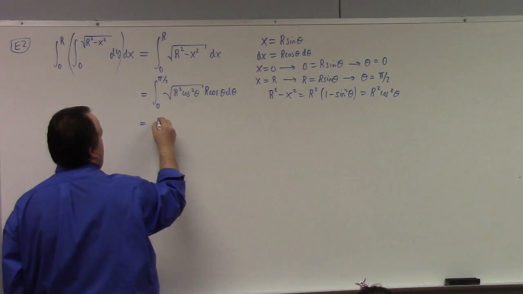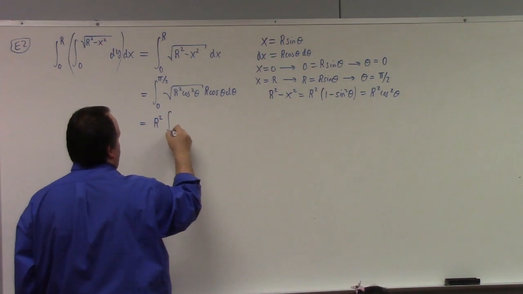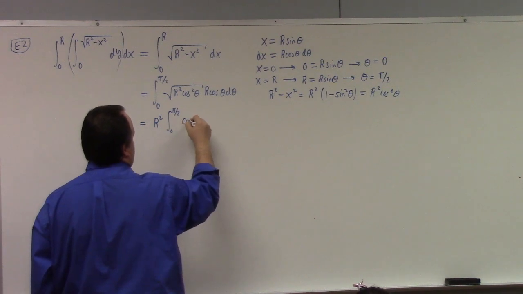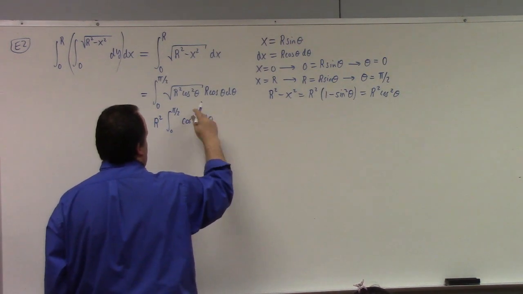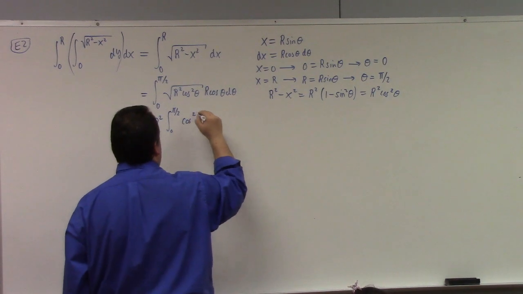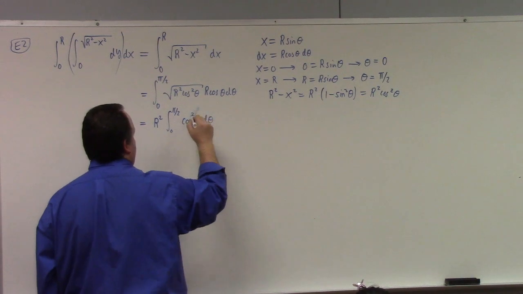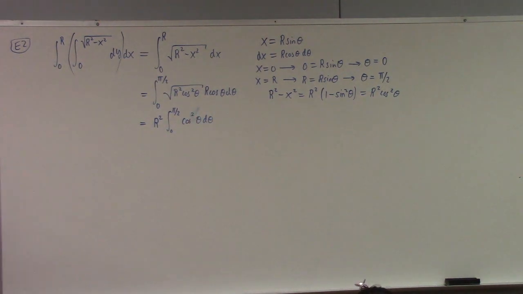So that gives me altogether r squared times the integral from 0 to pi over 2 of cosine squared theta d theta. I think it's good for us to go through this because it may have been a minute since you've done this integral. This is certainly an integral that I expect you to know and to not get stumped on. Maybe not effortlessly, but with some minimal effort, this should not stop you.